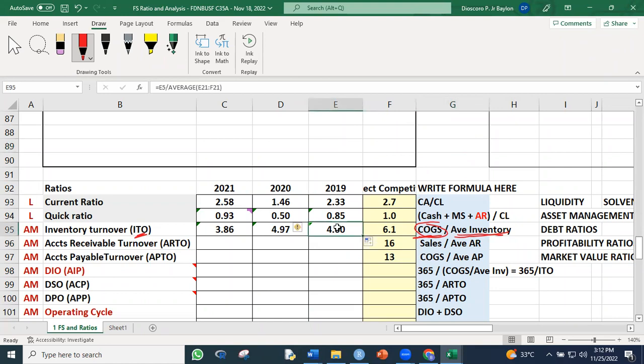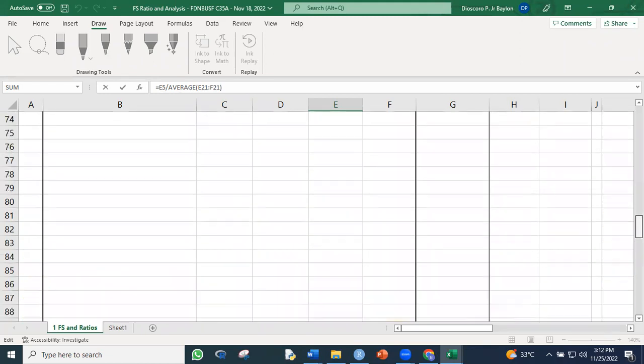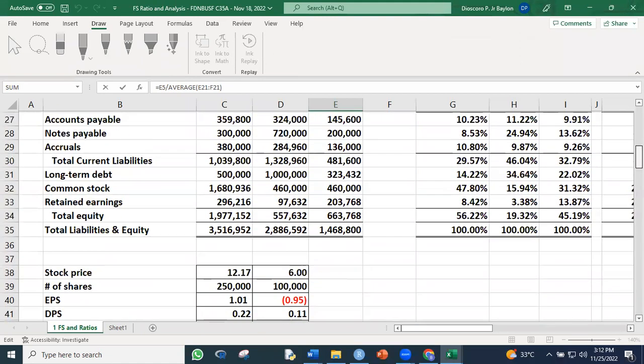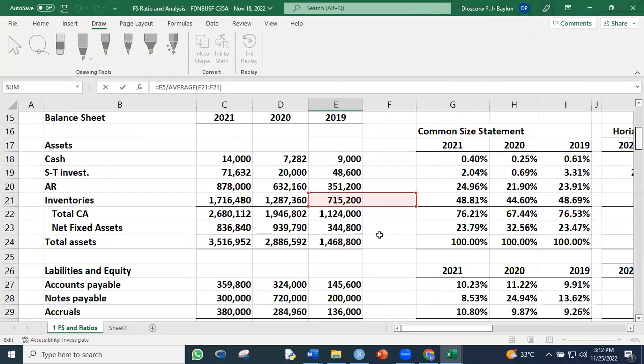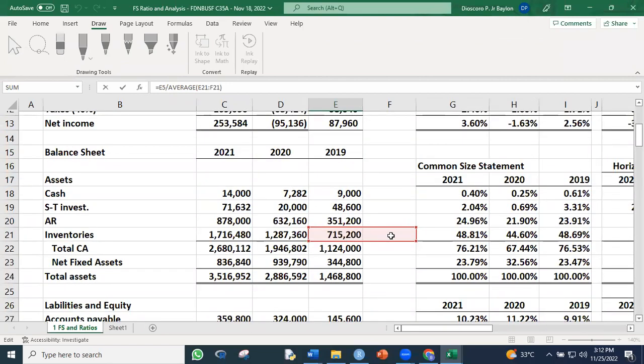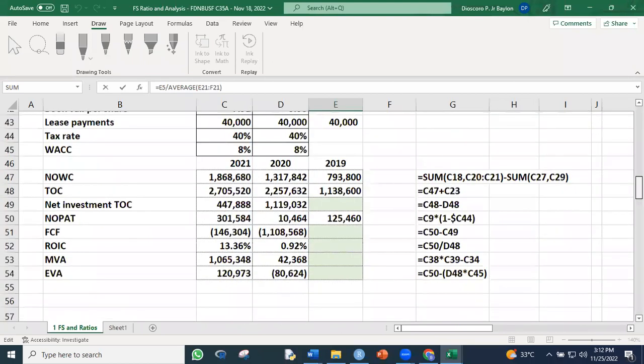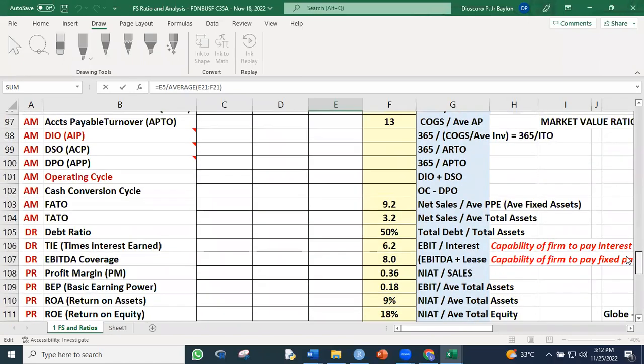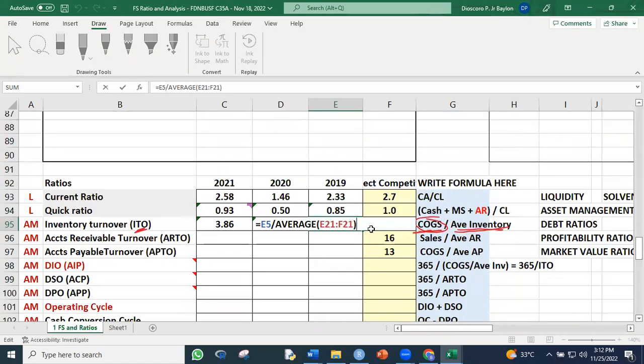Because we don't have 2018 for 2019. But nevertheless, I still got the average of E21, F21. We don't have F21, but still, if it gets the average of this one, it will still be 715,200. So let me highlight this.